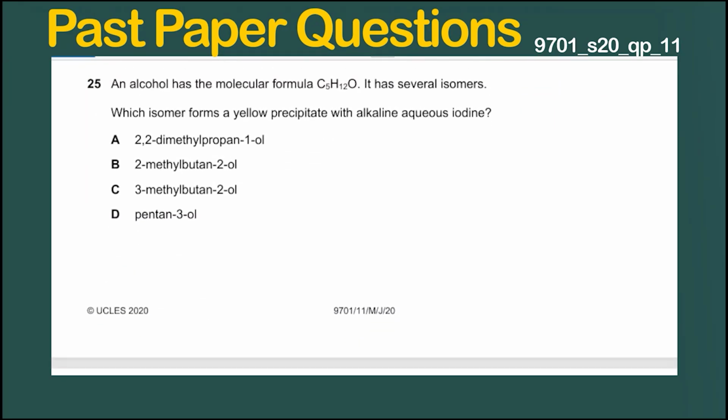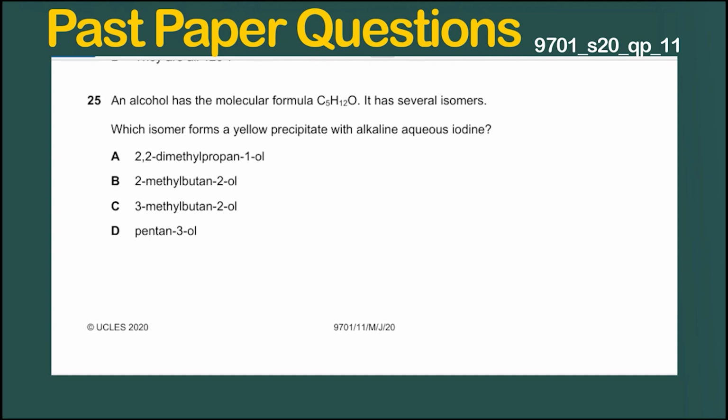This is question number 25. An alcohol has a molecular formula C5H12O. It has several isomers. Which isomer forms a yellow precipitate with alkaline aqueous iodine? Alkaline aqueous iodine means, beta ji, we are going to perform the iodoform test.